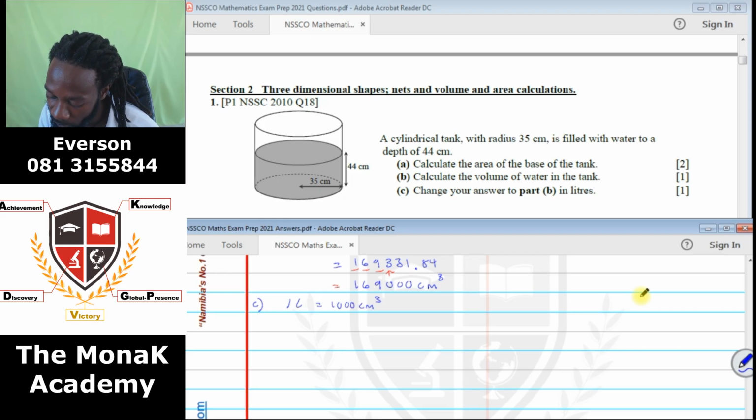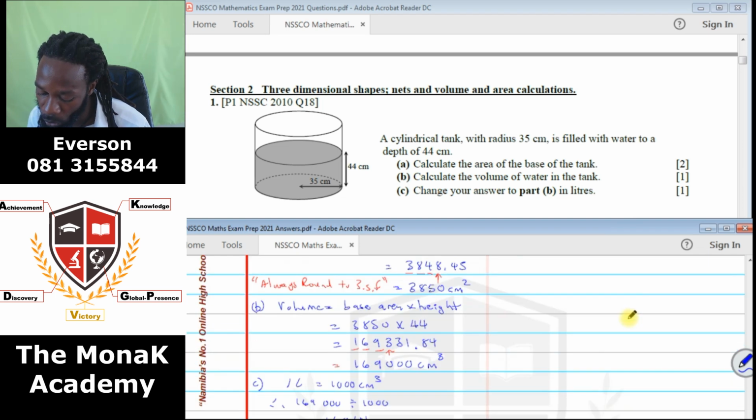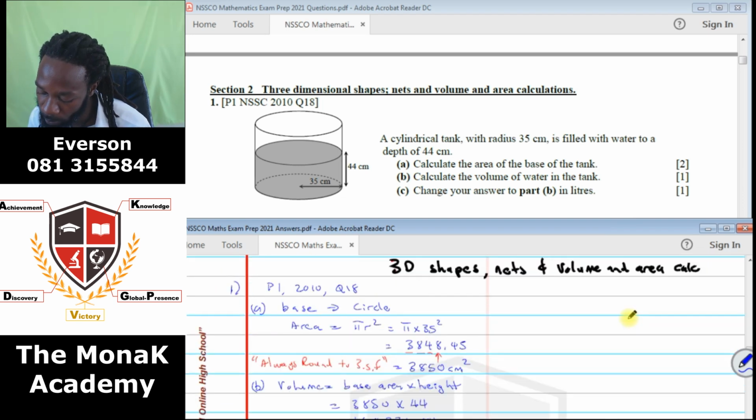So we simply divide that by 1,000. So it's 169, which is equal to 169 liters. All right, that is it. We go on to the next one, which is number 2.